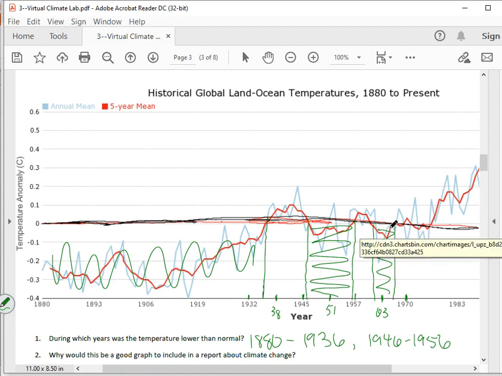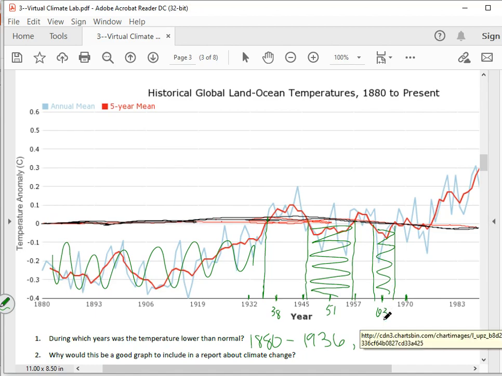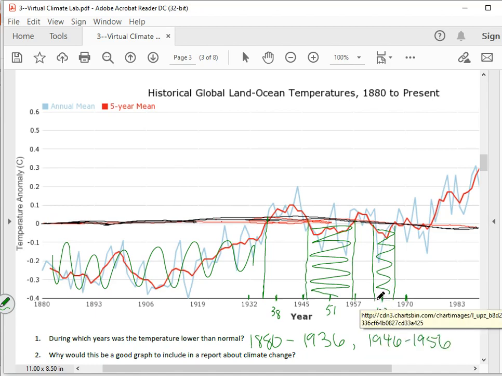And then my next one is this little one right here. If this is 1963, that's probably about 1961. And then this is about maybe 1967. Okay, so 1961 to 67.